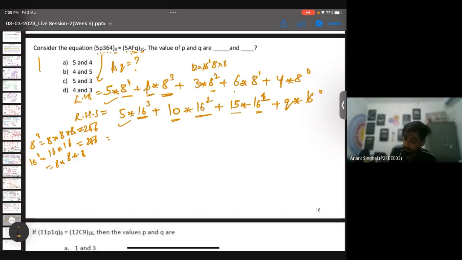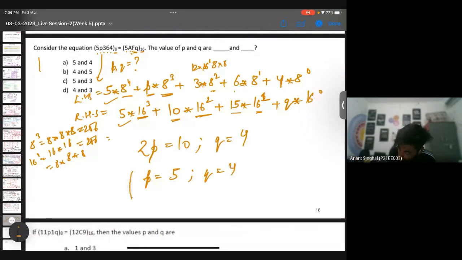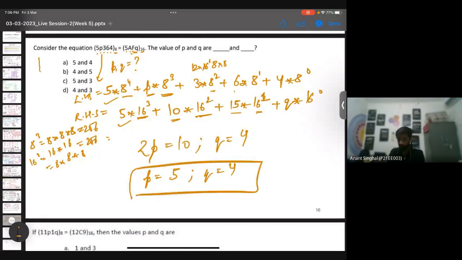So these equations are comparable. So we can directly compare. If I try to take 2 common out of them, then 2b will come out as 8, and then this q will directly come out as 4. So if I compare this equation, then p will be 5 and then q will be 4.